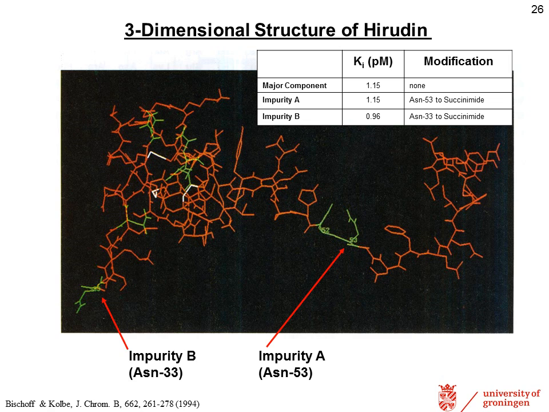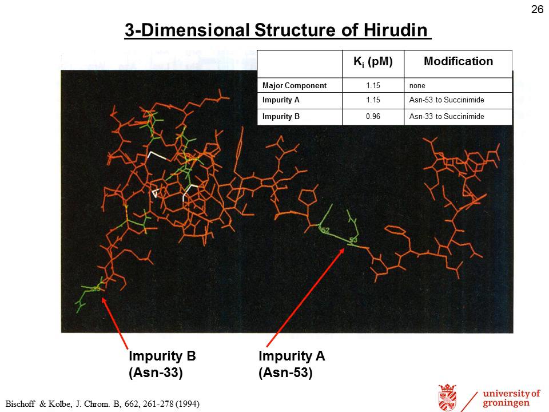Hirudin has then its N-terminus, which is active and goes into the active site of thrombin, and the C-terminus, which helps in this interaction through ionic interactions. We therefore hoped, from a production point of view, that these deamidations would not have an effect on antithrombin activity. This was actually confirmed.